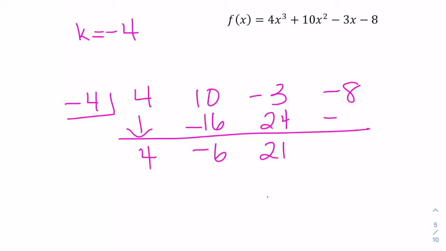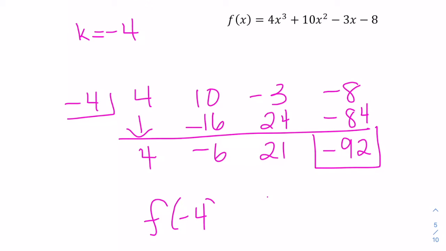This is going to be negative 84, so negative 92. This remainder is going to be equal to f of negative 4, because this is what the remainder theorem says, the remainder equals f of k.